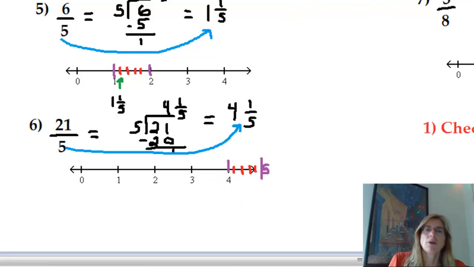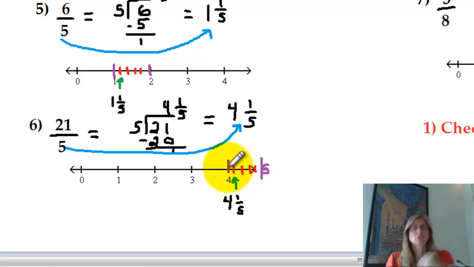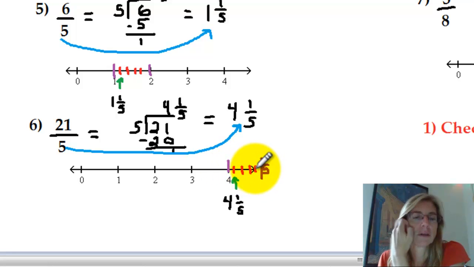So the first mark, and we're trying to do that in green, once again, it's this one mark beyond the 4, that will be 4 1/5, just like the one mark here beyond the 1 is 1 1/5. It's really best when you're doing these to show me that you know to divide the line segment into 5 pieces.